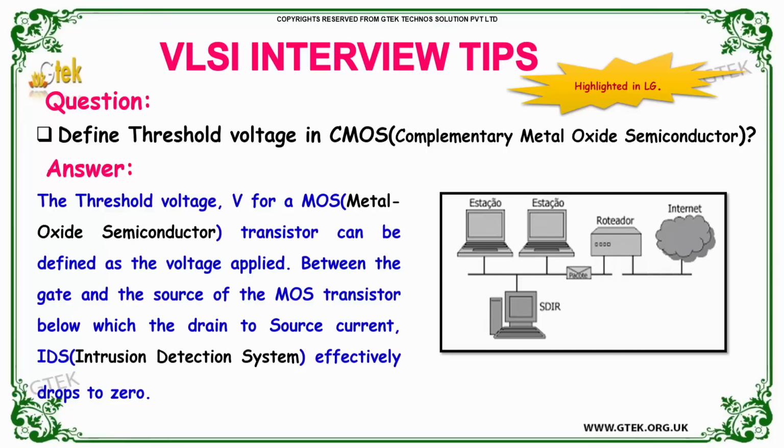Let's move on to the next question. Define threshold voltage in complementary metal oxide semiconductor. The answer for this question is, the threshold voltage Vt for a metal oxide semiconductor transistor can be defined as the voltage applied between the gate and the source of the MOS transistor, below which the drain to source current, that is IDS, effectively drops to 0.